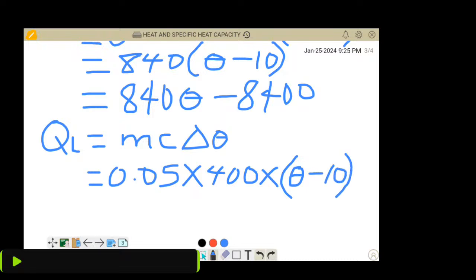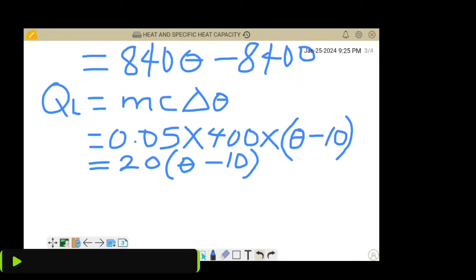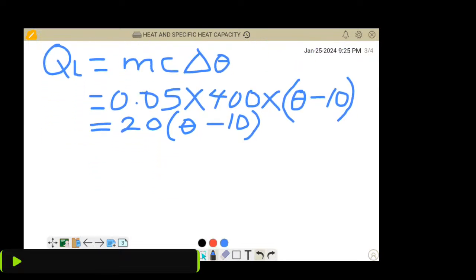And from here we can say, now 0.05 multiplied by 400 will give us 20. So we have 20 into theta minus 10. And at this point we can open the bracket and have a 20 theta minus 200.